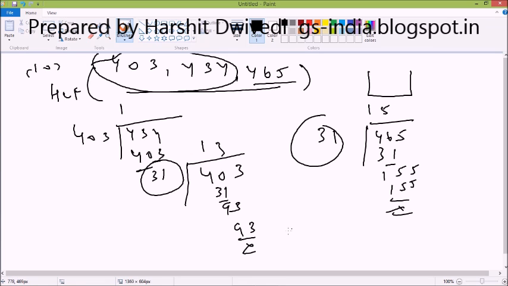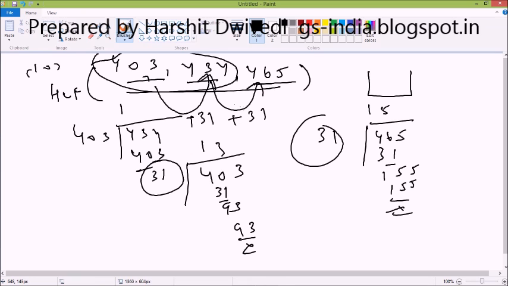So we can say that 31 is the largest quantity that is dividing all of the 3, that is 403, 434 and 465. So obviously 31 kg will be the measure of that container which is going to measure exactly all the 3 quantities. Now there is one more thing. If in 403 we add 31, we get 434, and if in 434 we add 31, we get 465.